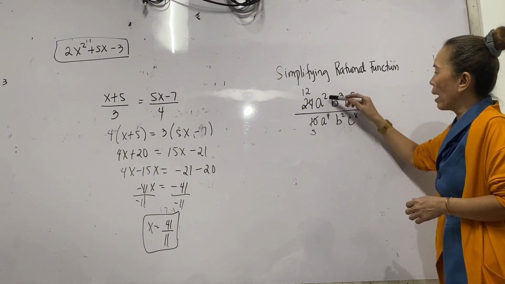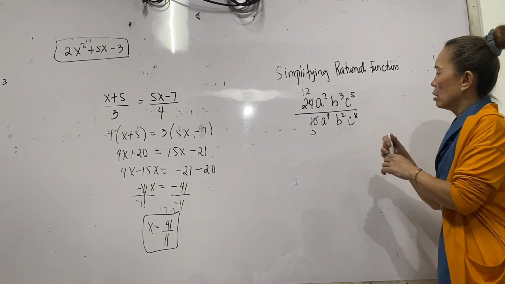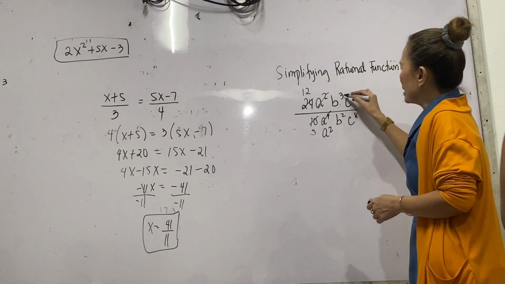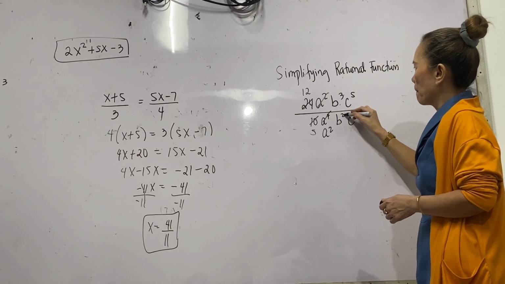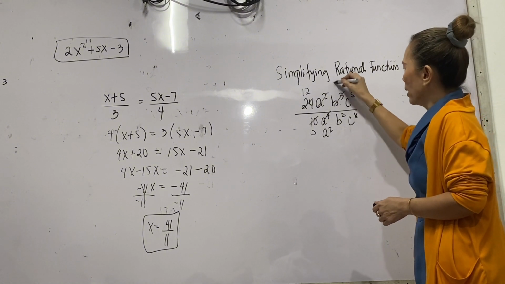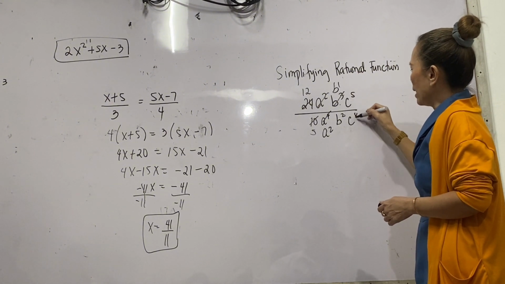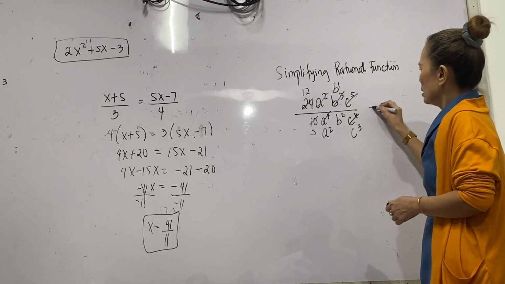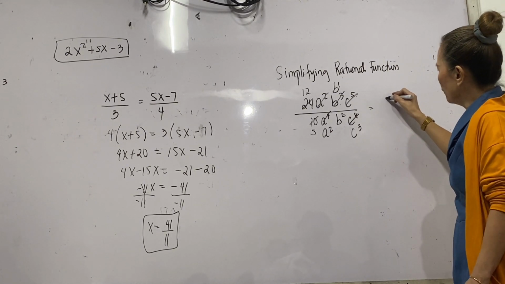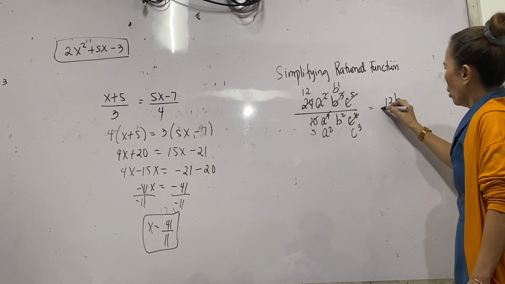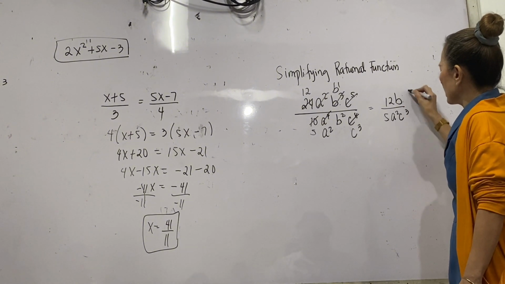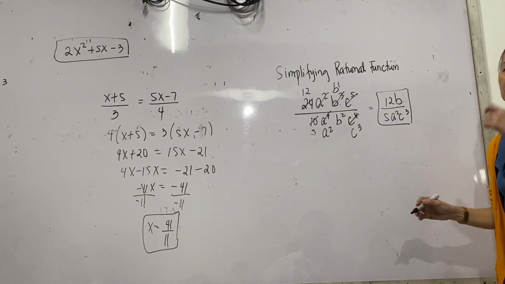So, 4 minus 2, 2. So, it means a squared. b cubed over b squared, b to the first. Then, 8 minus 5, c cubed. So, the answer is 12b over 5a squared c cubed.